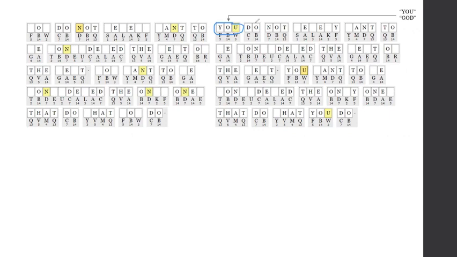So in this case, because we already have the plaintext letter D, the plaintext letter D is already taken, and like I said before, we can't have 2 ciphertext letters mapping to the same plaintext letter, so we know this has to be "you" and not "God."